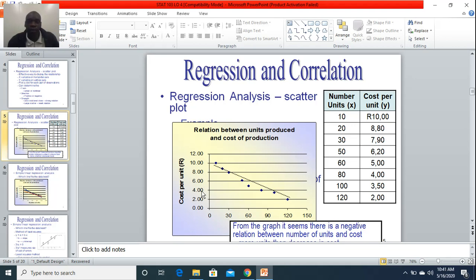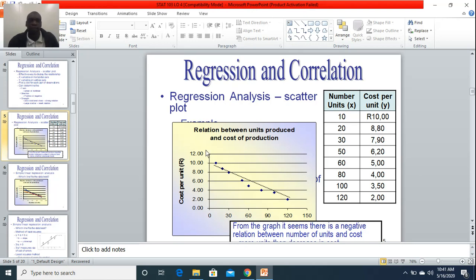In this case our y is cost per unit. We start with the x-axis. The smallest number is 10, the biggest number is 120. So we make our scale so that it accommodates the numbers from the lowest to the highest. Then the cost per unit, the smallest is 2, the largest is 10 point something. So we make that scale.